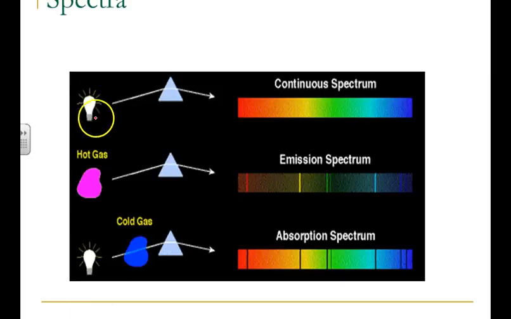Well, let's say that we have, let's start with this one down here. We have a light bulb and we're irradiating a cold gas with light from the light bulb. You'll notice that as it absorbs that light, and we have to think about what's absorbing the light, we end up with dark lines, okay, of very specific colors.